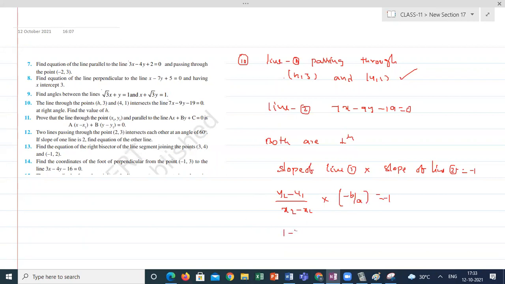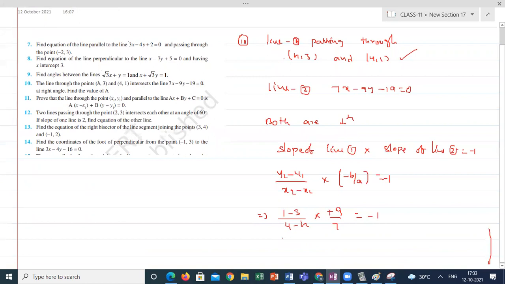So (1 minus 3) by (4 minus h) into minus b by a. So minus of minus 9 by 7 is equal to minus 1. Solve this question and find out the h value. Minus 2 by 4 minus h is equal to minus 7 by 9. Minus 18 is equal to minus 28 plus 7h.